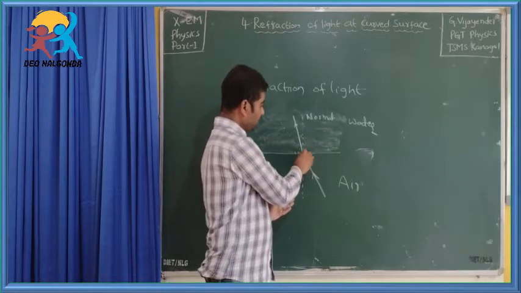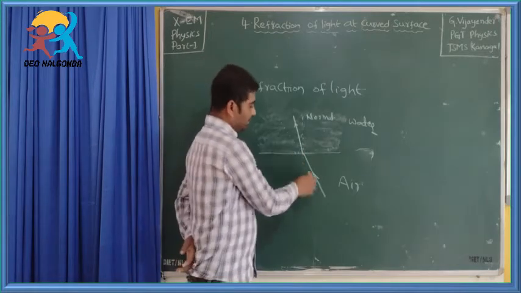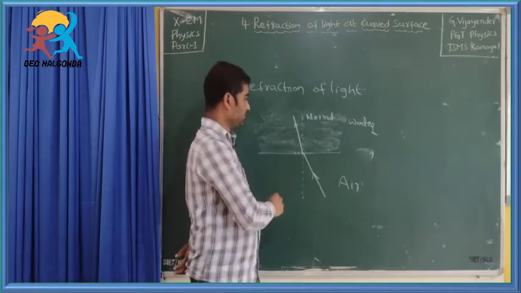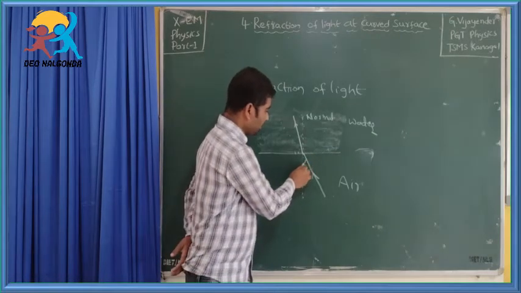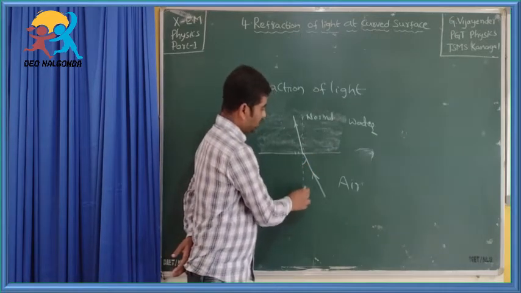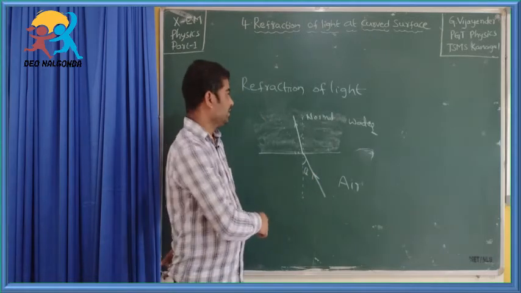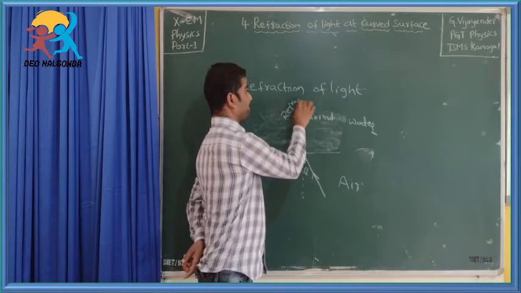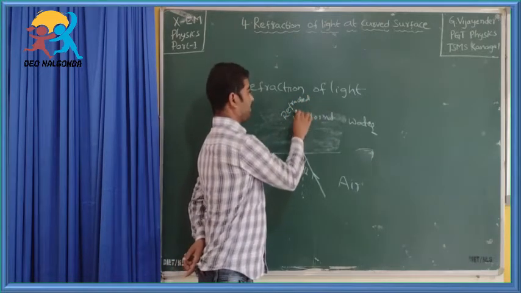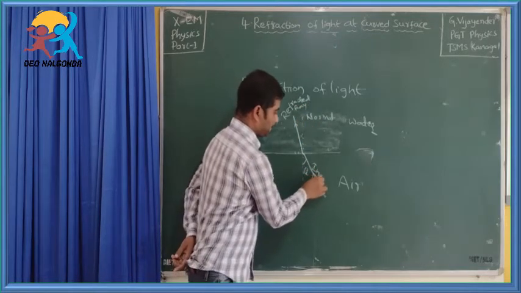So refraction of light has taken place. Here this is the incident ray, this is the refracted ray, and the angle between the incident ray and the normal is called the angle of incidence, angle i. The angle between the refracted ray and the normal is the angle of refraction.